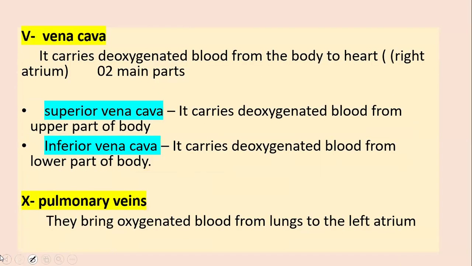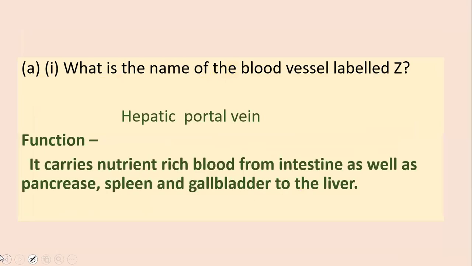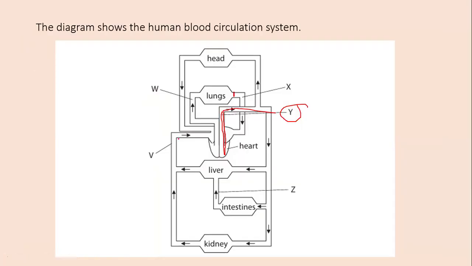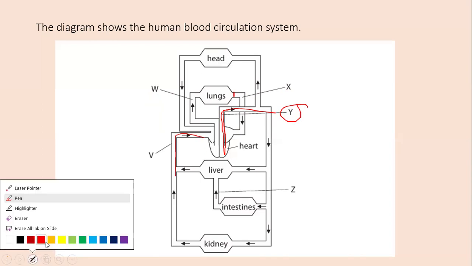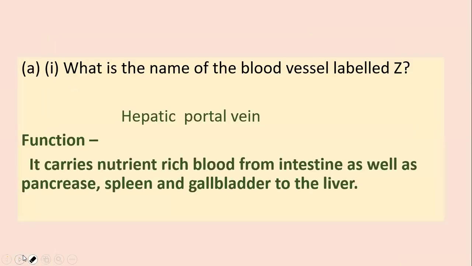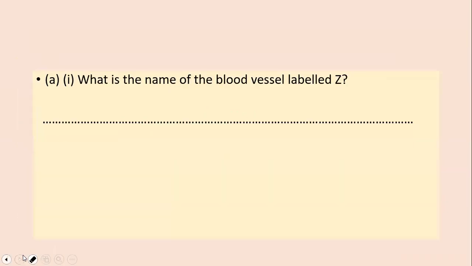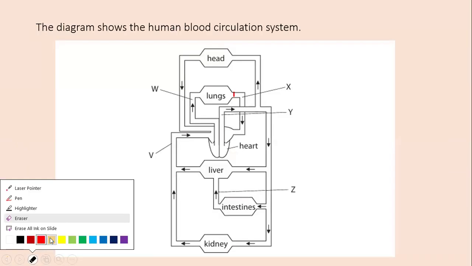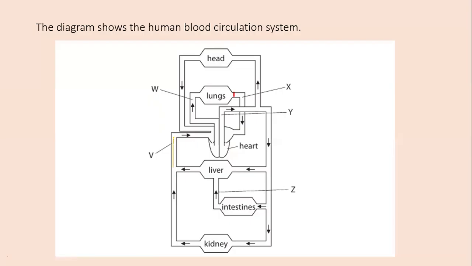And next one, V. V is the vena cava. The vena cava is also a blood vessel, and you should know this blood vessel consists of two parts. So this is part of the vena cava.